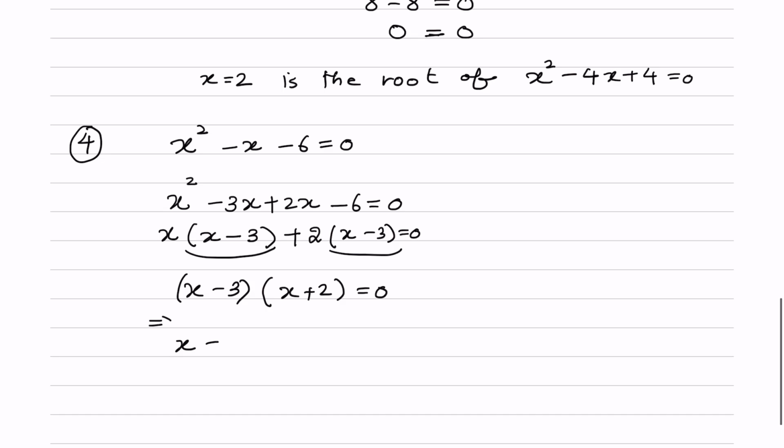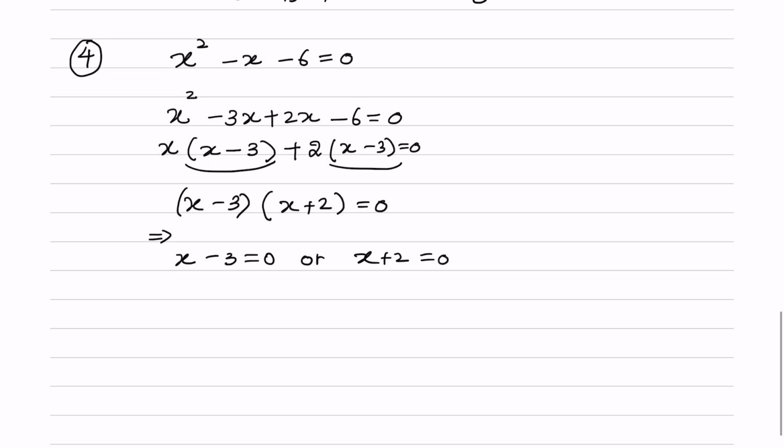This equation could be written as x minus 3 is equal to 0 or x plus 2 equal to 0. This gives us x equal to 3 or x equal to minus 2.